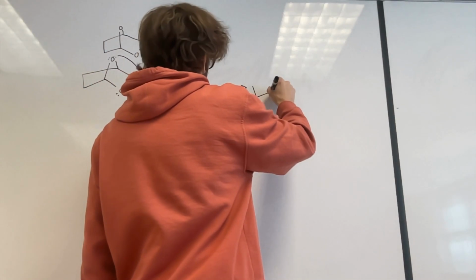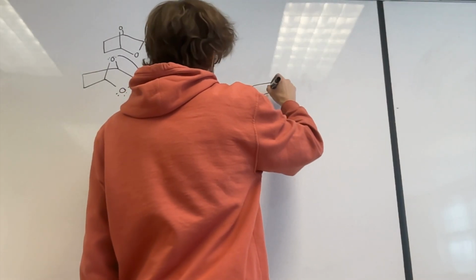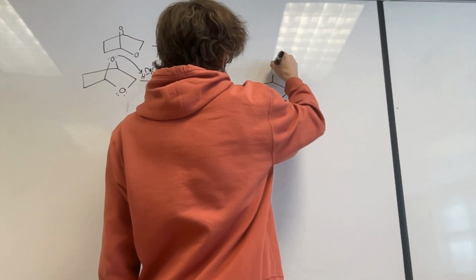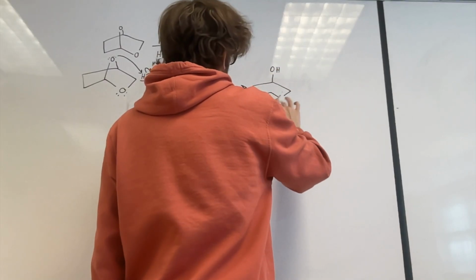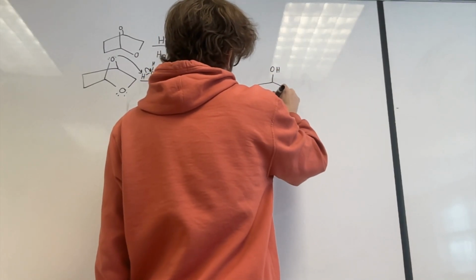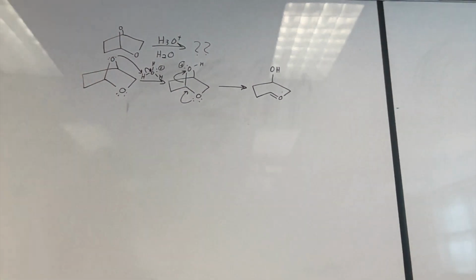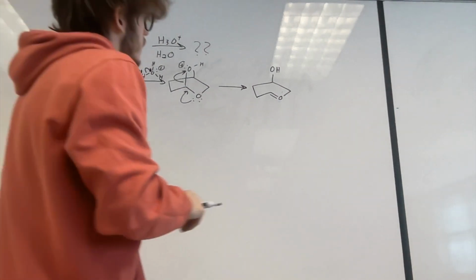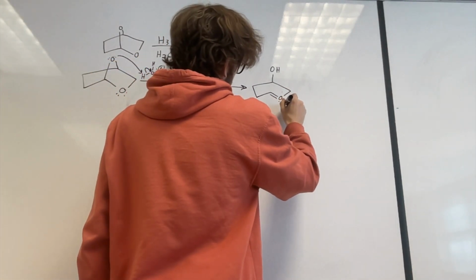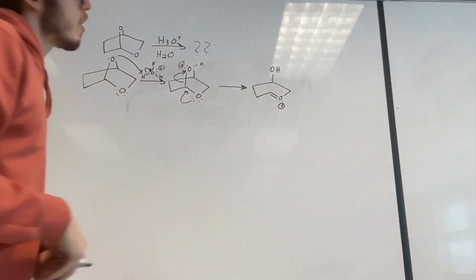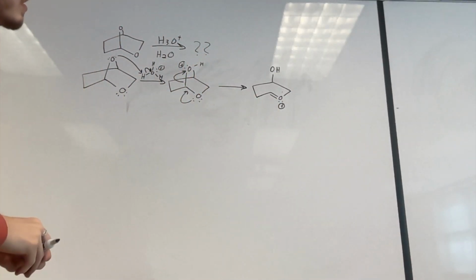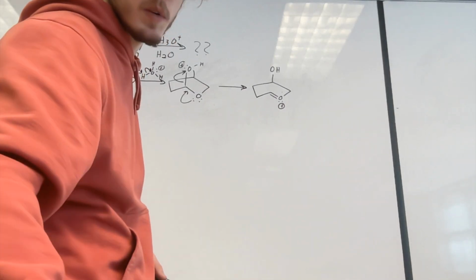So we are going to get an OH here, and we said here we have a double bonded oxygen, which makes this oxygen positive. So let's kind of redraw the structure here so it's not such an eyesore, and let me just make sure you guys can see.